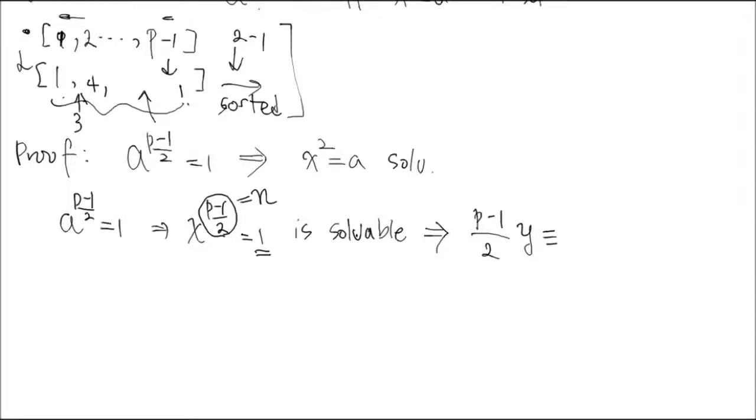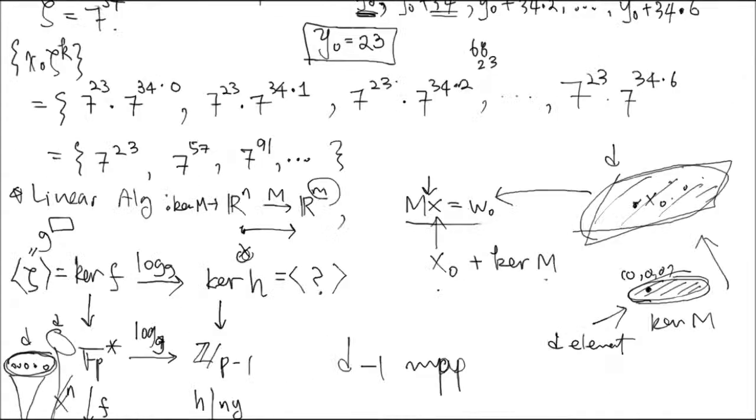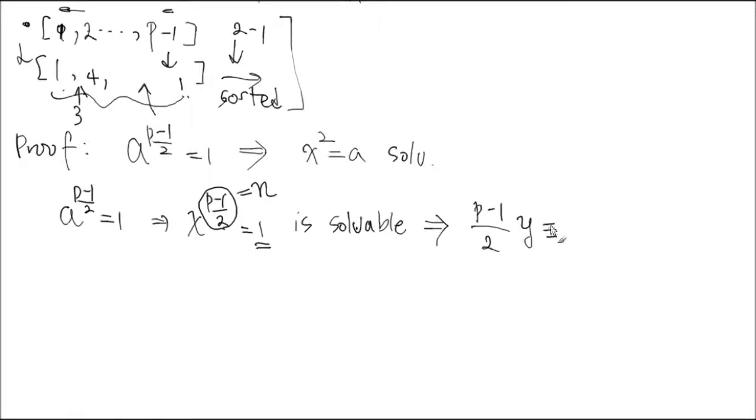If you go back to the x to the n equals a condition, k was a log value, appearing at the exponent level. So what is the right-hand side? Log of 1 is 0. Modulus, which one? P minus 1, right? It's exponent level, p minus 1. So this x to the n equals 1, solvability is exactly the same as this linear congruence.